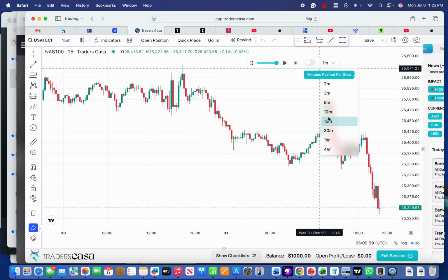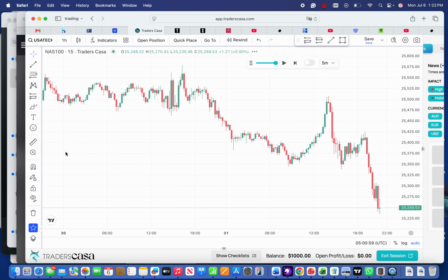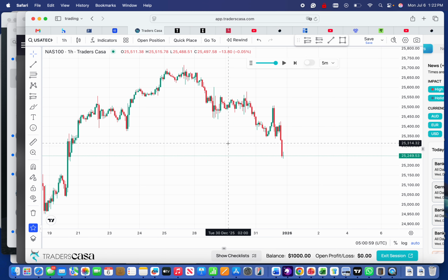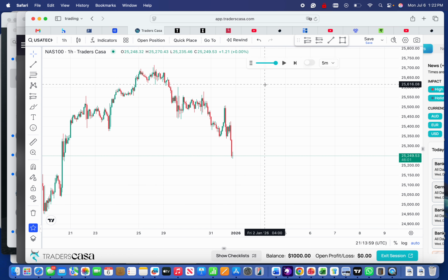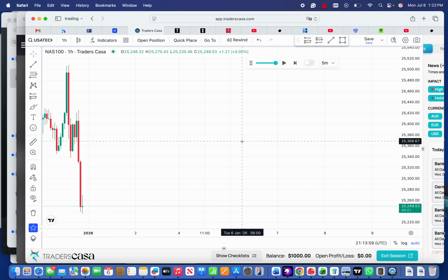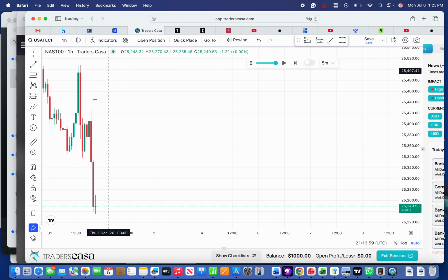So first thing you want to do is high time frame is so important. You always have to look at the 1 hour or the 4 hour. And the first thing I look for is a fair value gap. Now a fair value gap is, I'll go ahead and show you. Do you see how where my cursor is, all these candles are overlapping each other?